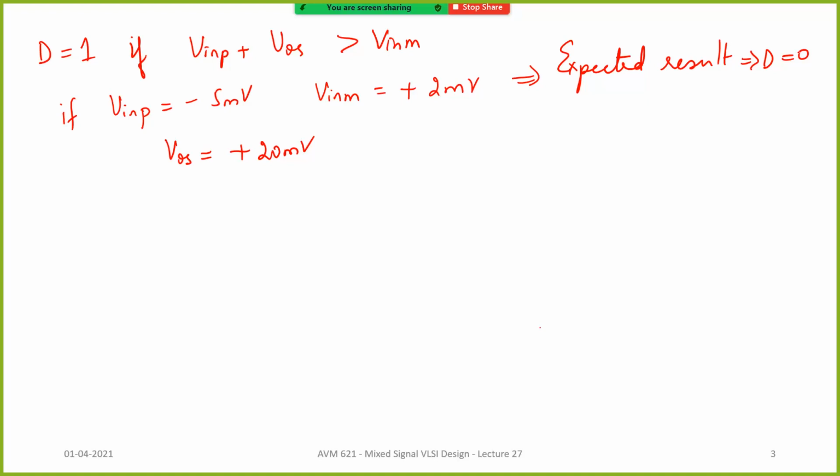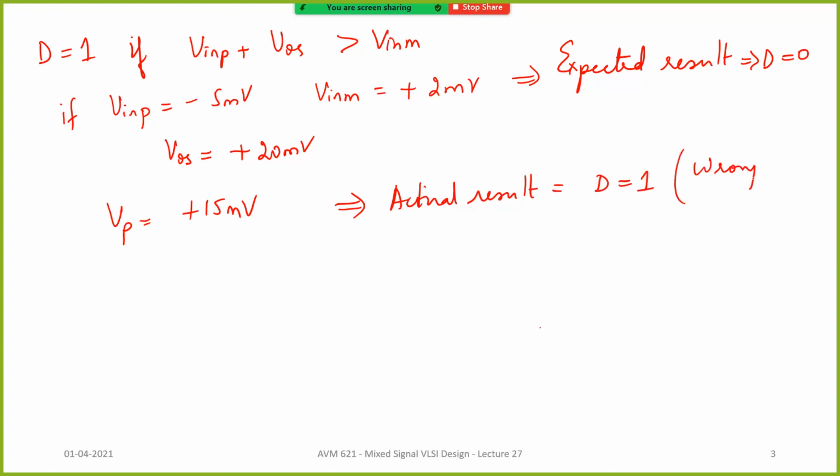But what happens because of the offset voltage? Vp now becomes plus 15 millivolt, and the actual result is D equal to 1, which is a wrong result, a wrong comparison, right? So this exactly is the problem of offset.